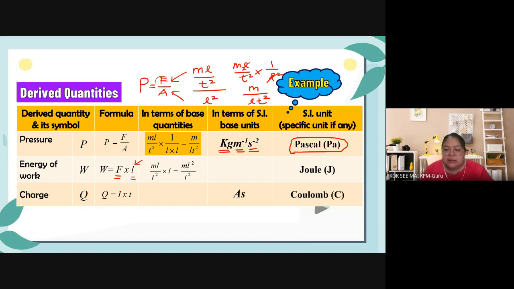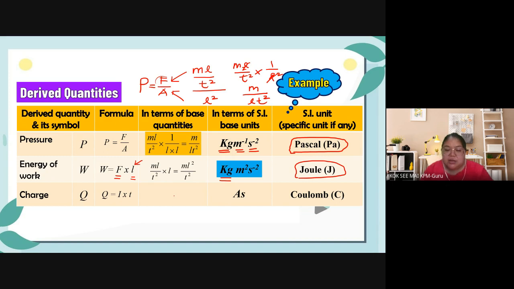M is kg, L is length, meter squared, over time squared, so you put s^-2. So this is the base unit for energy. The specific name is joule. How many joule? 30 joule, that's all.